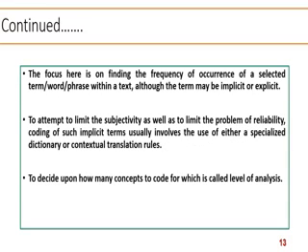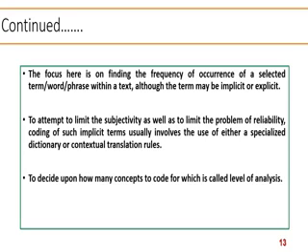The focus here is on finding the frequency of occurrence of a selected term, word or phrase within a text, although the term may be implicit or explicit. To attempt to limit the subjectivity as well as to limit the problem of reliability, coding of such implicit terms usually involves the use of either a specialized dictionary or conceptual translation rules.